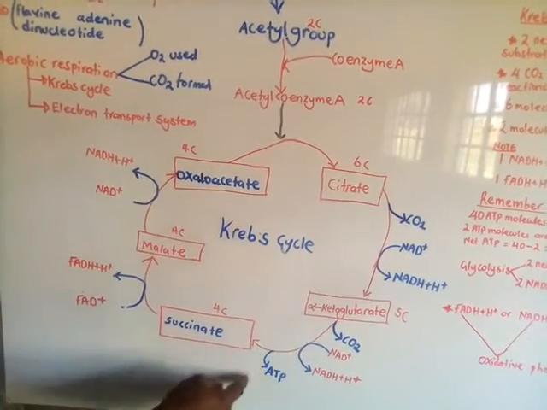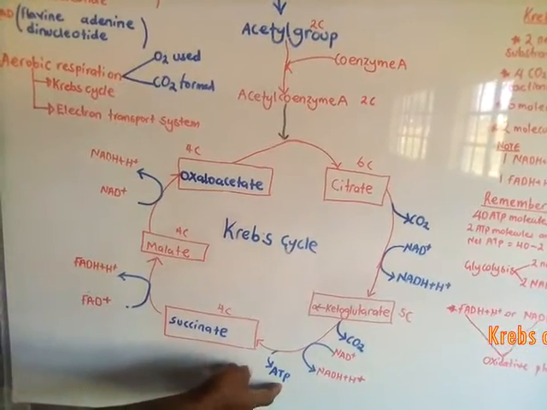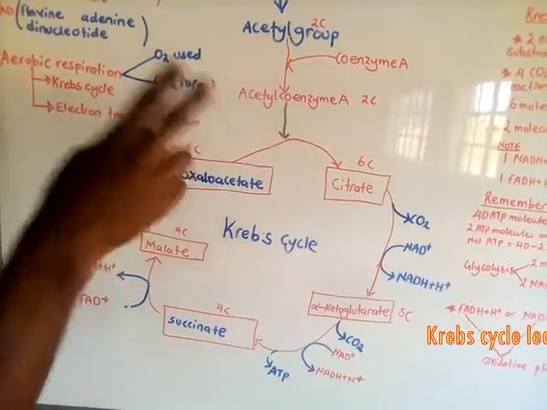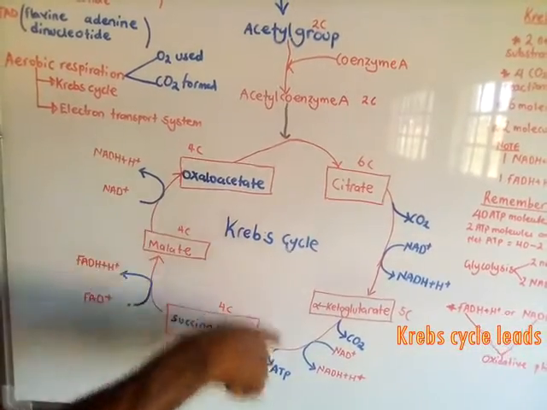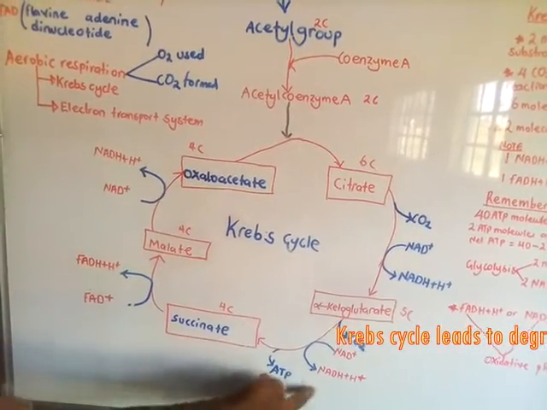Then we are having ATP formed directly for the Krebs cycle. Remember, we are using 2 molecules of pyruvate, so it means we are having 2 molecules of acetyl coenzyme A. It means even this cycle is going to turn twice. Let me say we are going to form 2 ATPs here.